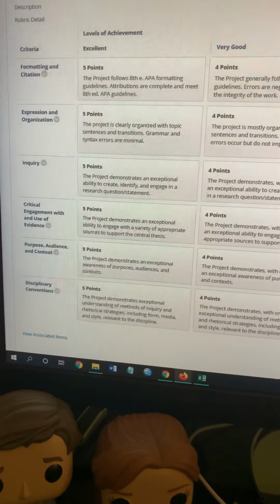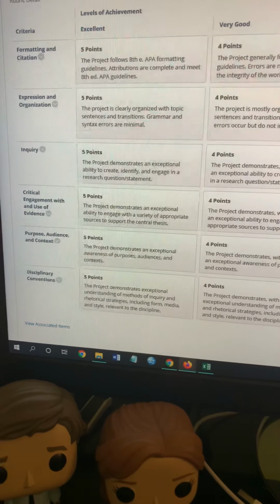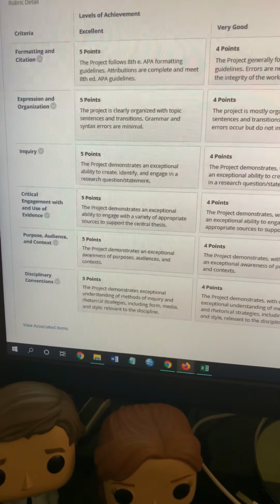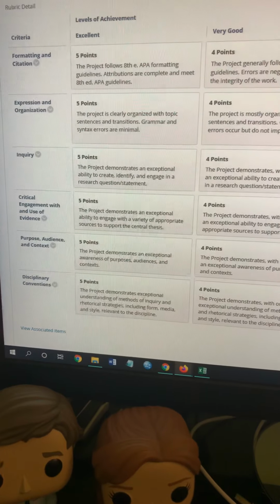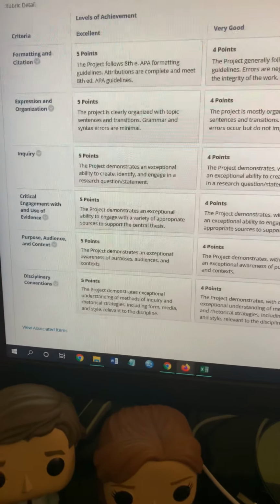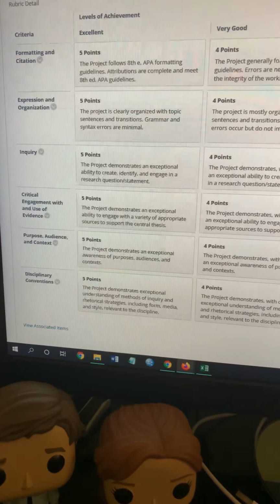You're following the unspoken rules of academia, and having an awareness of how to address your audience, what the purpose of the thing that you're writing is, and placing it in the correct context for it to reach that audience. So that's that.